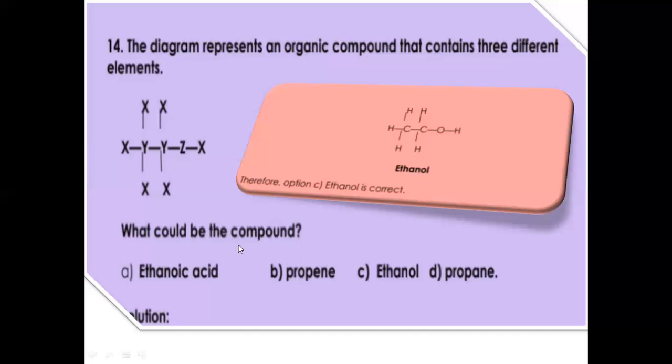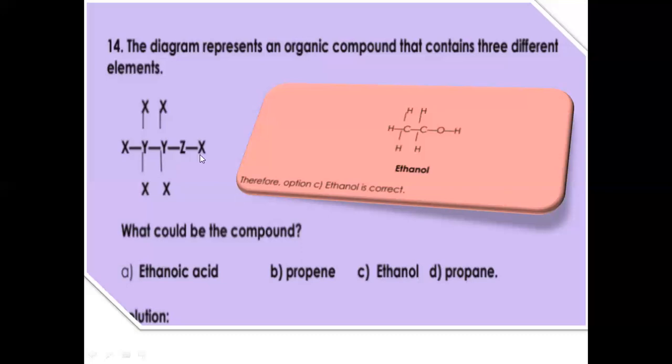So what could be the compound? Could this compound be ethanoic acid? No, for ethanoic acid, along with the hydroxyl group we need the carbonyl carbon atom. So there is no carbonyl carbon here. For propene we need a double bond. There is no double bond. For ethanol, we need an OH group.